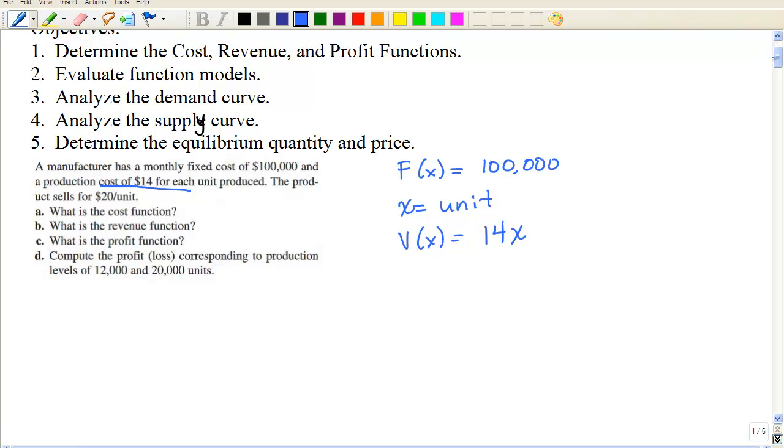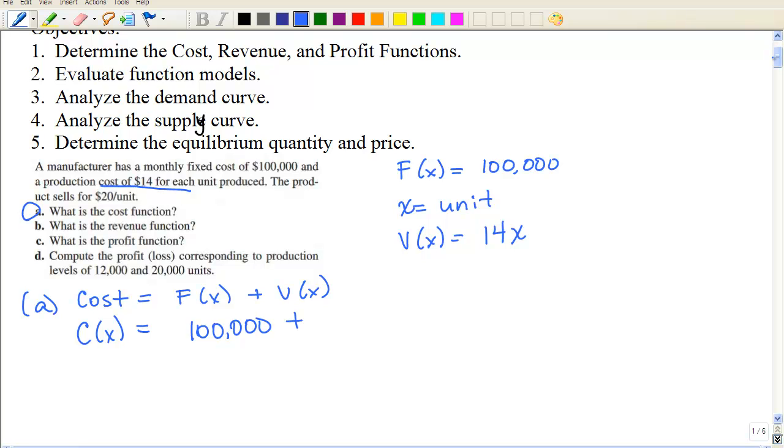Alright, and so then part A, what is the cost function? The cost function is defined to be your fixed cost plus any variable cost, any money that you spend. And since that's a function of X, I'm going to write this as 100,000 plus 14X.